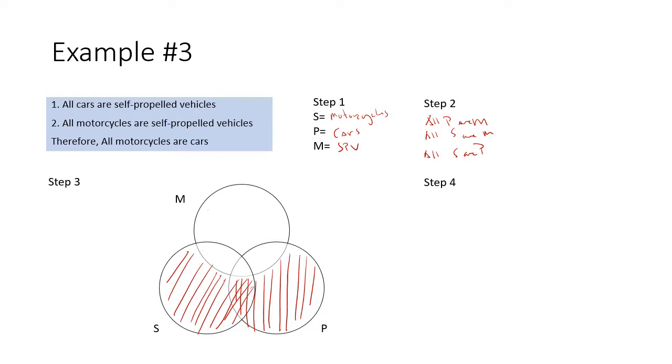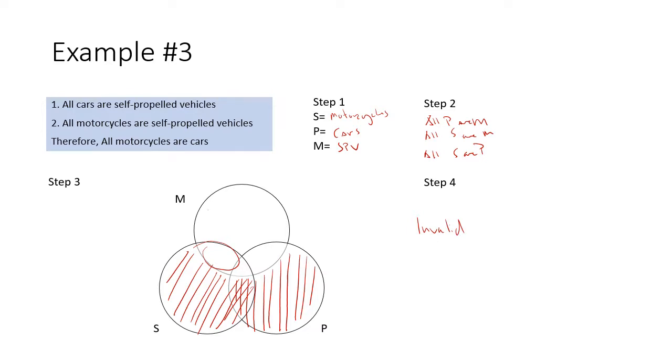The S crescent with respect to the P circle. But if you look over here on the left, we see that part of that crescent has been shaded in, but part of it is not. I'll circle it here. This area would need to be shaded in too in order to have a picture of the conclusion. So we don't have a picture of the conclusion, and thus the argument is invalid.